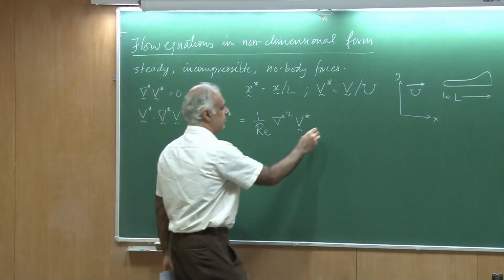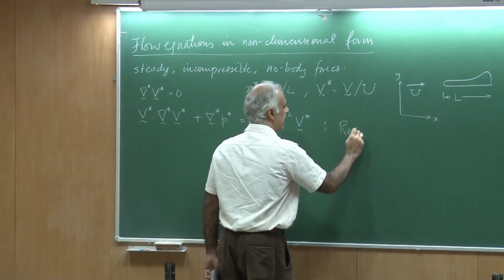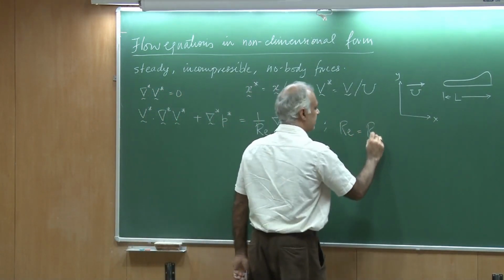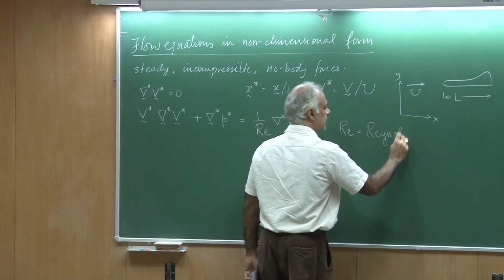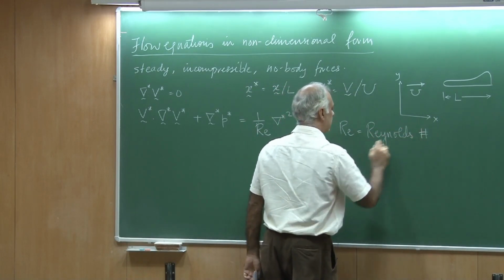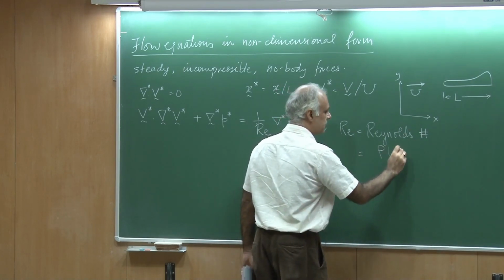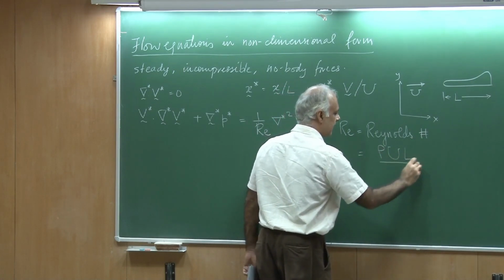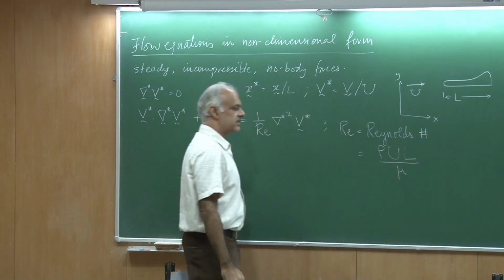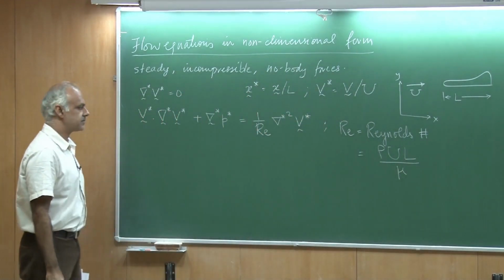Just for your memory, Re was defined as the Reynolds number, and this is rho times the speed times the length scale divided by mu, which is the coefficient of viscosity.